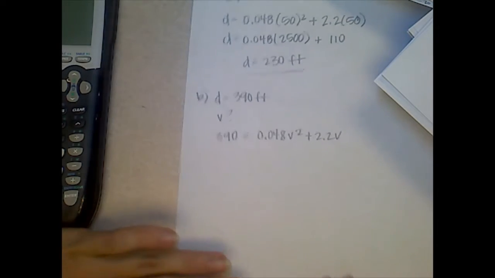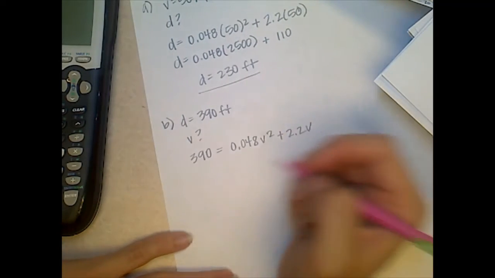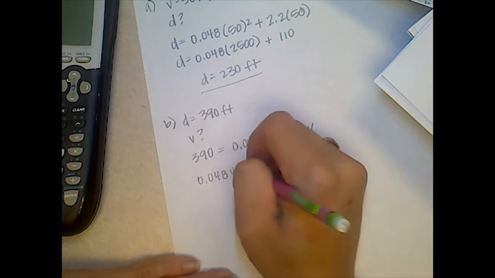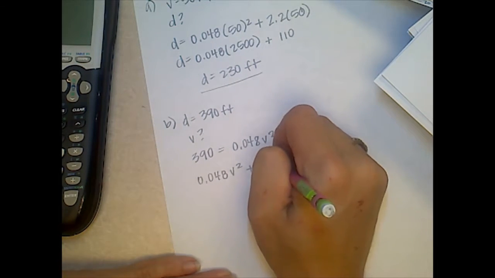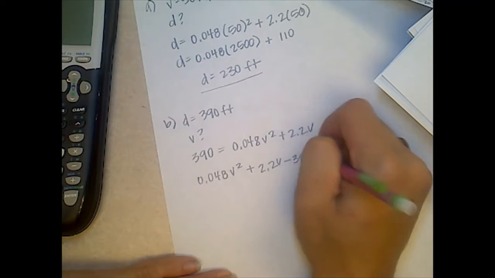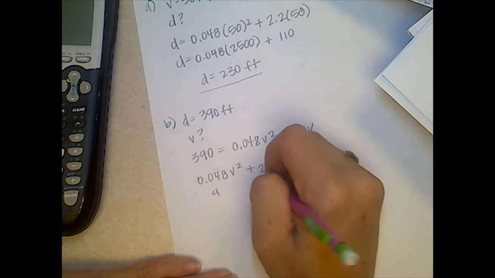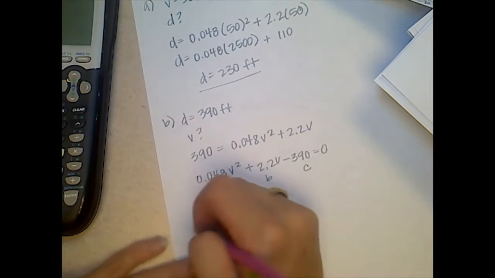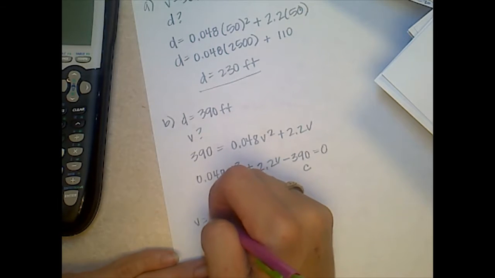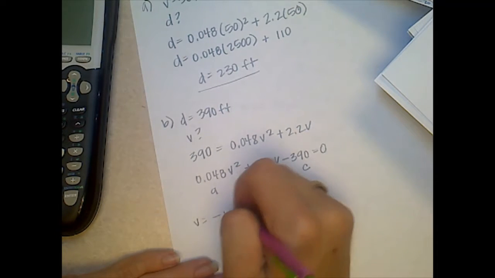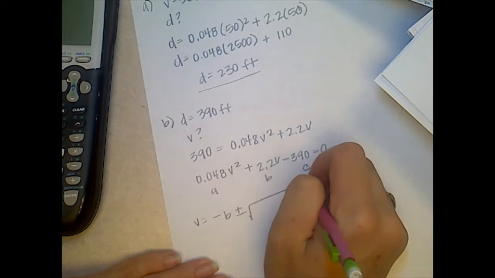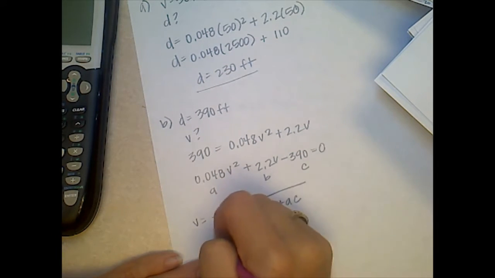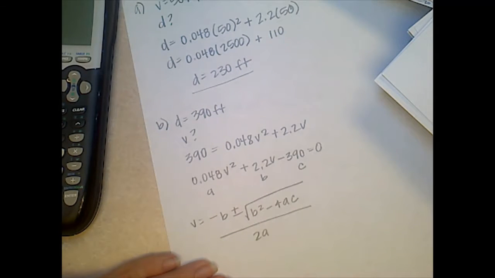So if you do not miss the quadratic formula, I am sorry, because here's your A, here's your B, here's your C. Quadratic formula is opposite of B plus or minus the square root of B squared minus 4AC all over 2A.